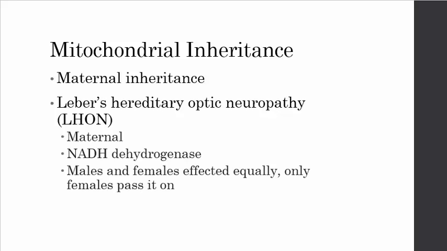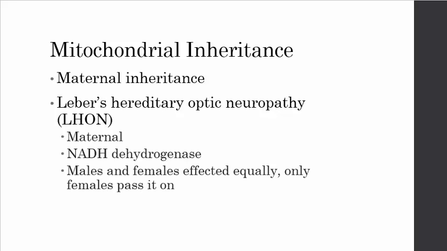So this Leber's hereditary optic neuropathy is a disease that has to do with eye health. It's of course maternal in its inheritance, and it's actually the NADH dehydrogenase in the electron transport chain in individuals with this disease is inhibited. It doesn't function terribly well, so they become quite sick, and their optic nerve can actually die.